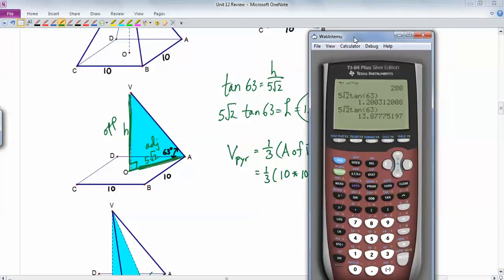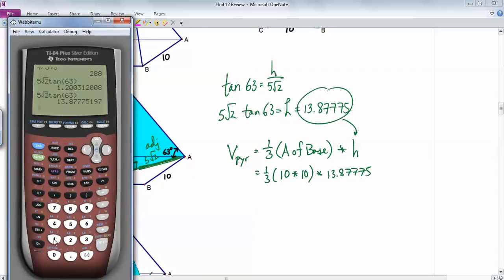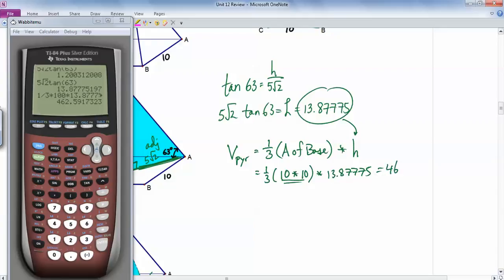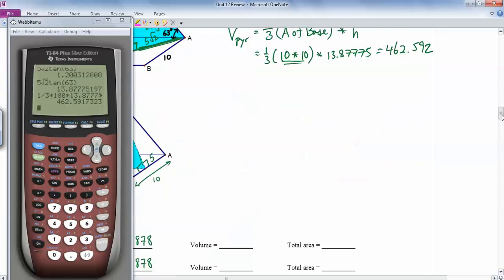So I'm just going to take 1 divided by 3, multiply it by 100, 10 times 10, and then multiply that by the answer that I just got. And so we get 462.592 when you round.